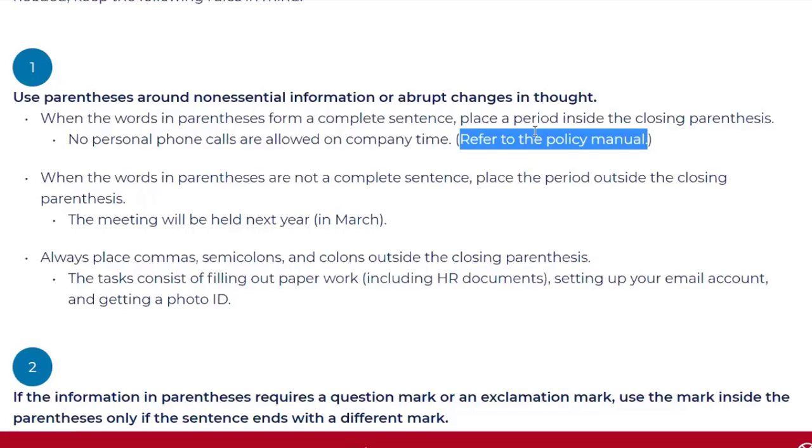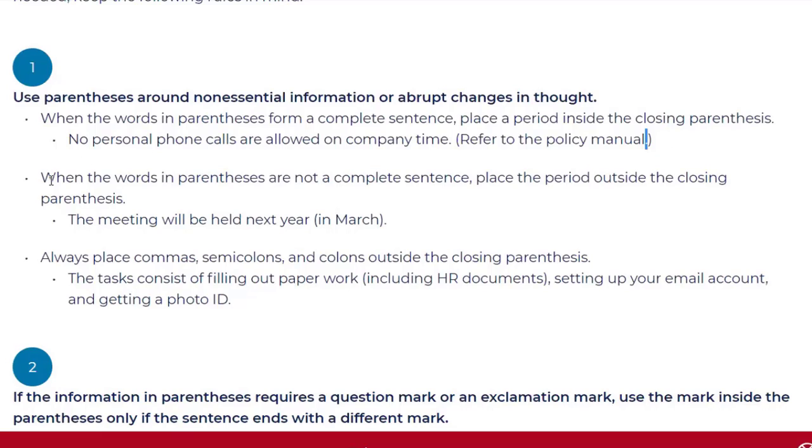Remember that once you have a complete sentence, when the words in parentheses form a complete sentence, place a period inside the closing parenthesis. This is a complete sentence, and this is a period, and it is within the parentheses, inside the parentheses, when you have the complete sentence.